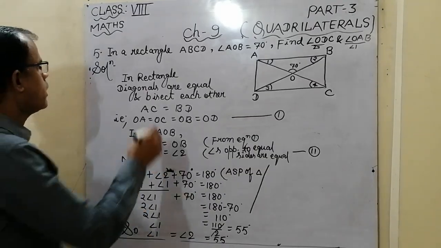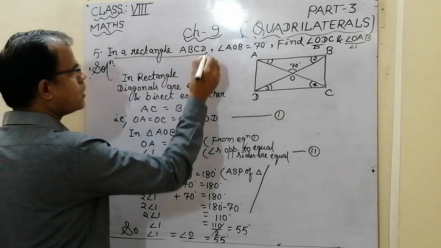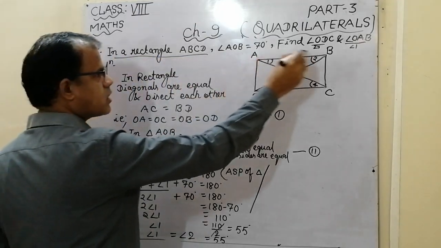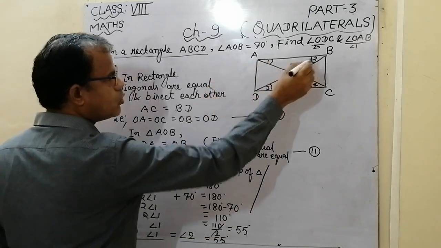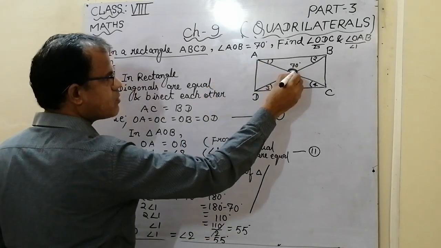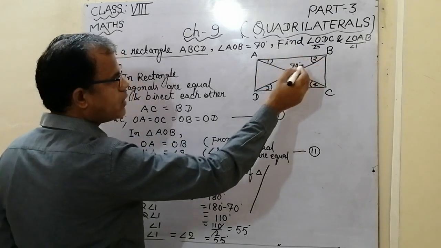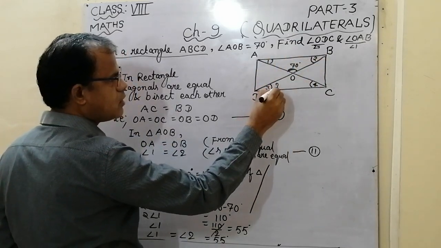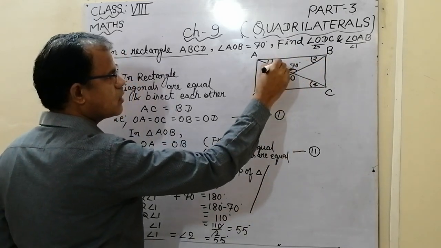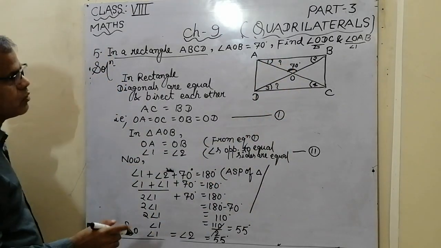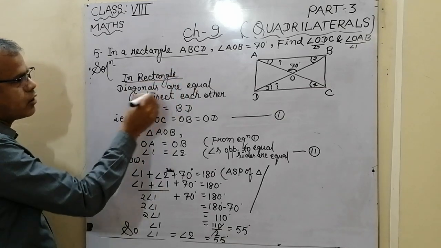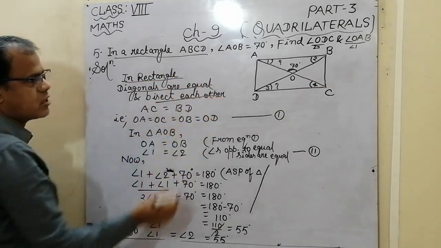Yes students, next question. A rectangle ABCD is given. Here angle AOB is 70 degrees. We have to find angle 1 and angle 3. So students, we know that in a rectangle the diagonals are equal and bisect each other.